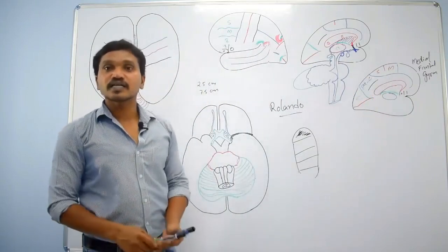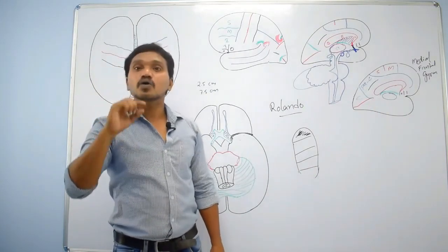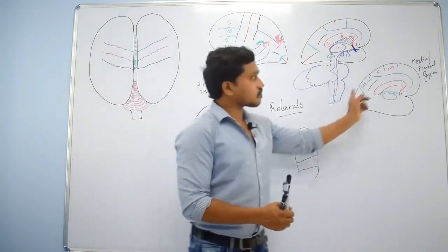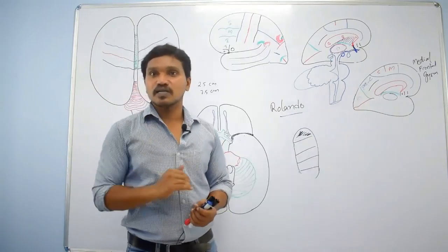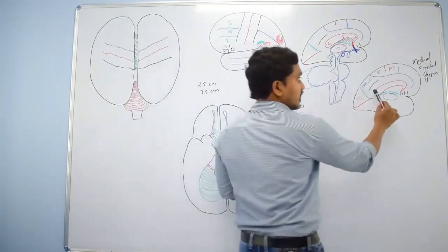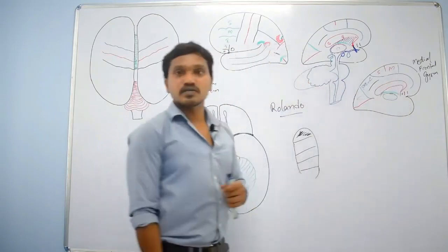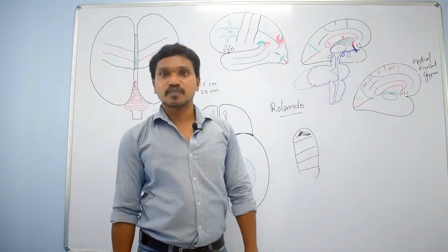This cingulate gyrus is present between the cingulate sulcus and the callosal sulcus. Callosal sulcus means what? Above the corpus callosum there will be a sulcus. That sulcus we call the callosal sulcus. Clear? So this gyrus between the callosal sulcus and the cingulate sulcus we call the cingulate gyrus, right?